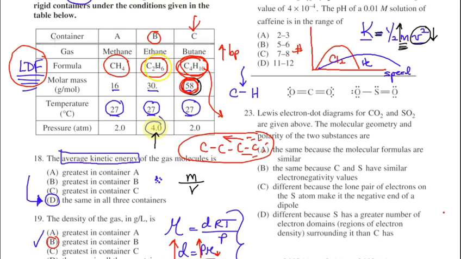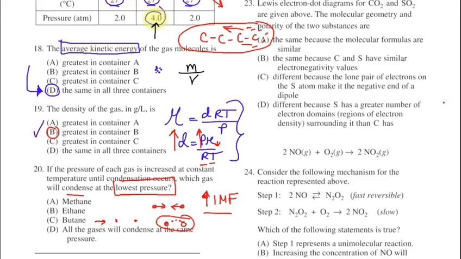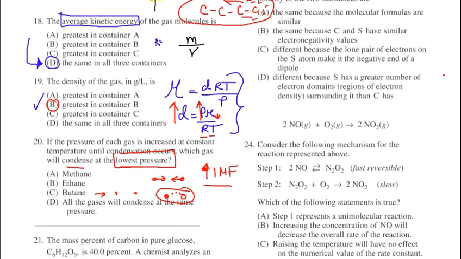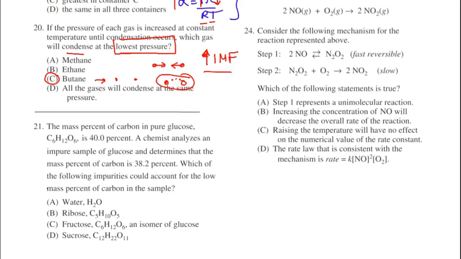Ethane and methane are way below 0 degrees Celsius, where this one is at about positive or close to it, because of that polarizability and great number of electrons that increases its LDF forces. In any case, that would mean that my butane would condense first because it has the greatest number of intermolecular attractions. Number 21.